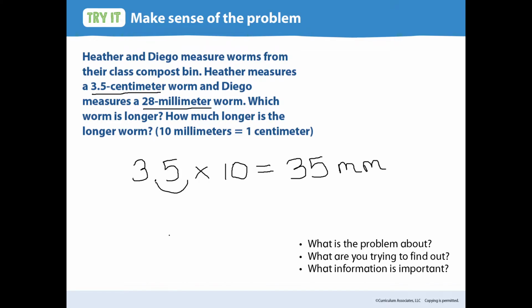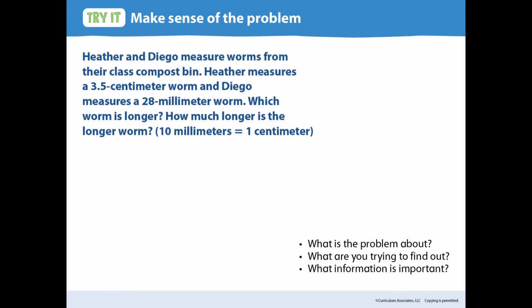We can do this the other way. We can convert the millimeters to centimeters as well. So if we have 28 millimeters, and we're changing millimeters to centimeters, that means that it's becoming a larger unit. There will be fewer centimeters than millimeters.